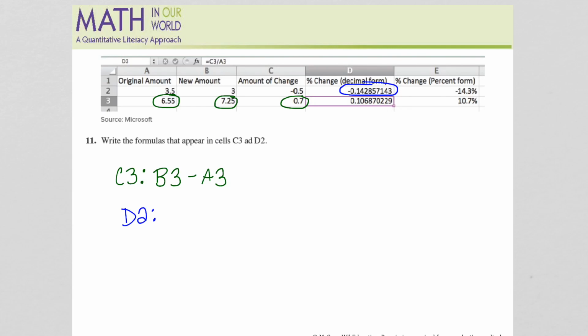So the amount of the change is right here, and your original amount was right here. So it should be C2 divided by A2, and that is the case. And so that's just a little introduction to spreadsheets there.